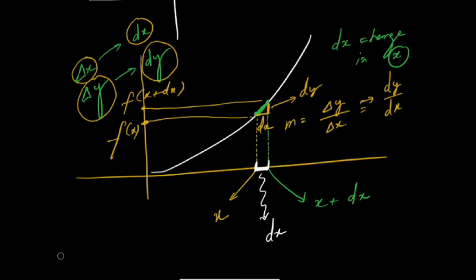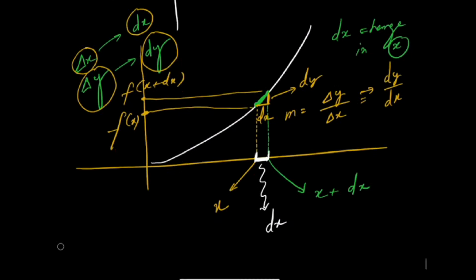That means for any point on the x-axis which is at x, the graph will be plotted corresponding to y equals f of x. And for another point, x plus dx, the point will correspond to f of x plus dx, correct?